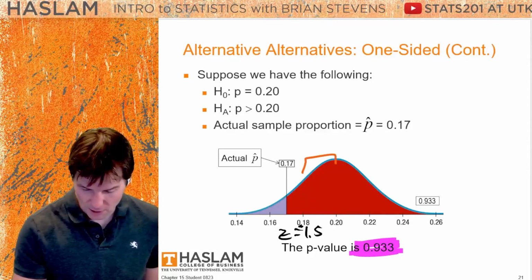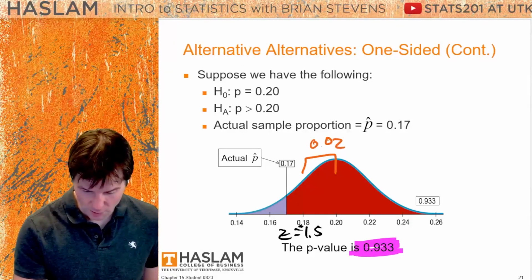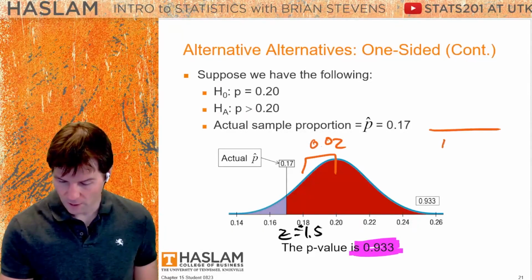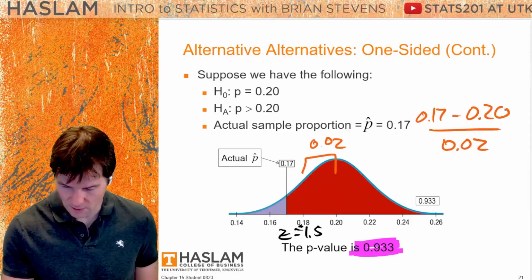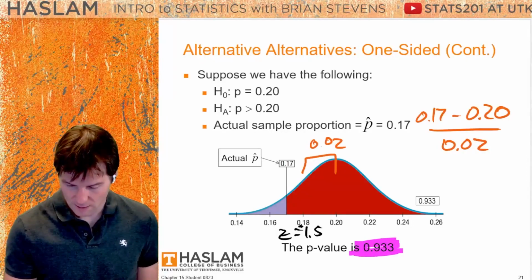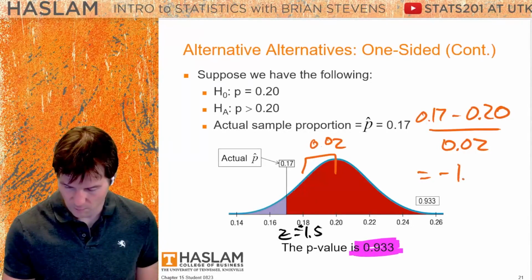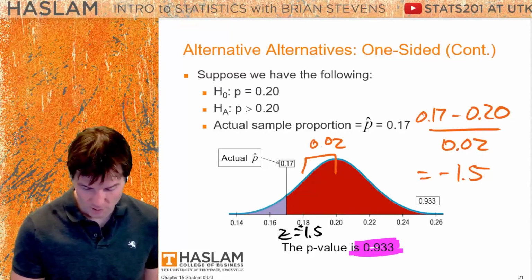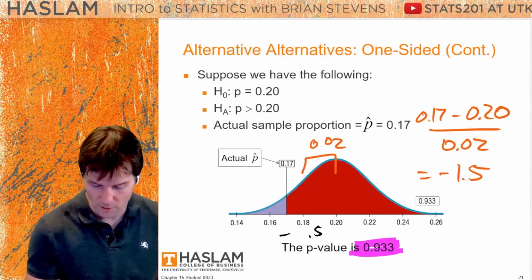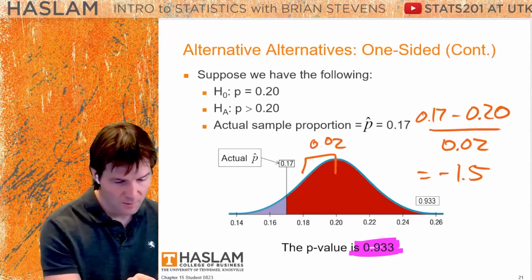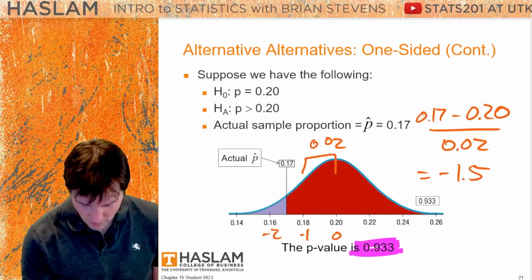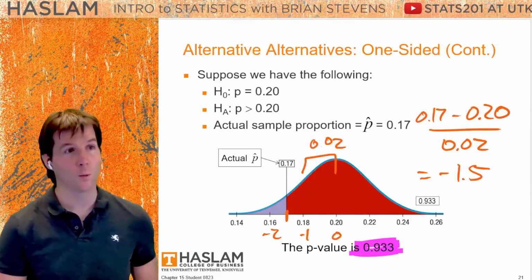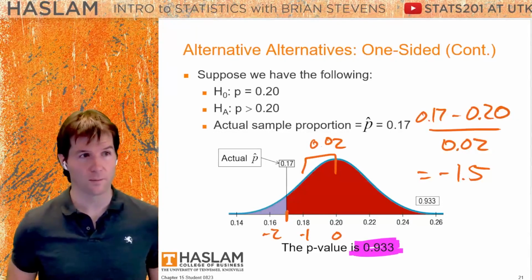The standard deviation here is 0.02. So if we take 0.02, and then we take the p hat, and then we take the p naught, which is at the center of the curve, we get z equal to negative 1.5. You can also see it visually, especially if you write your z-scores down below on the curve, because we'd go here 0, negative 1, negative 2, and there's where we land, at 1.5 standard deviations below the mean.